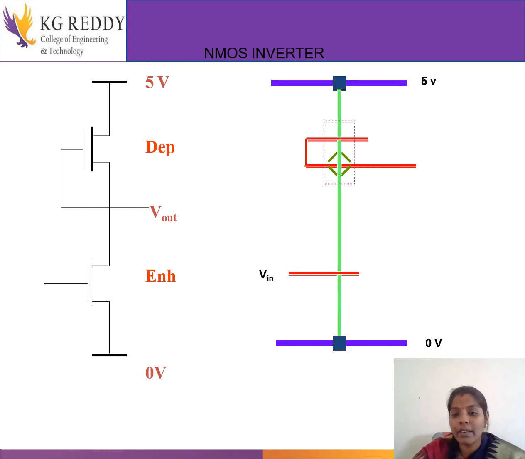As these two are drains, they are shorted here, taking an output contact there, and here it is Vin for the enhancement mode. This is how we represent it for the depletion MOSFET.